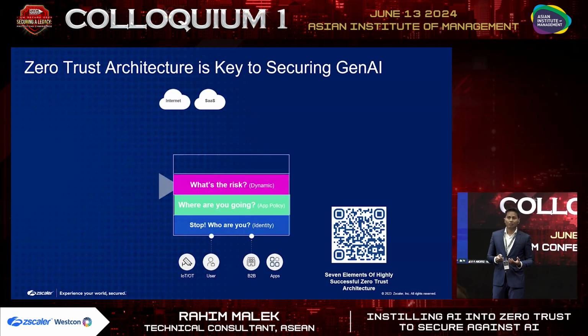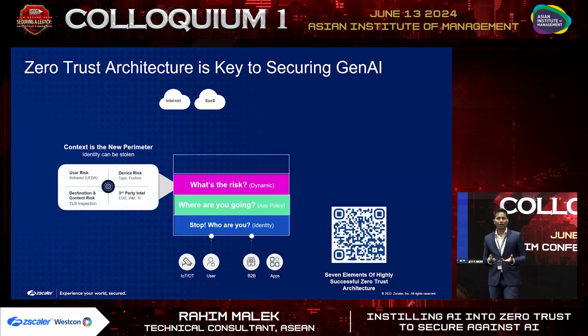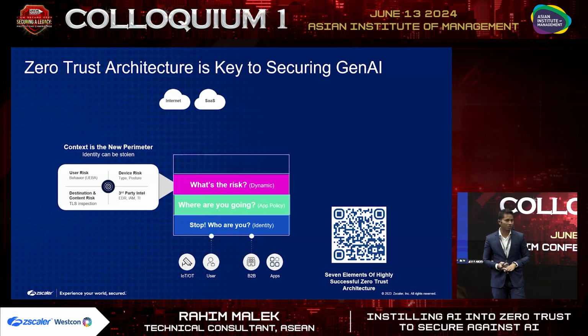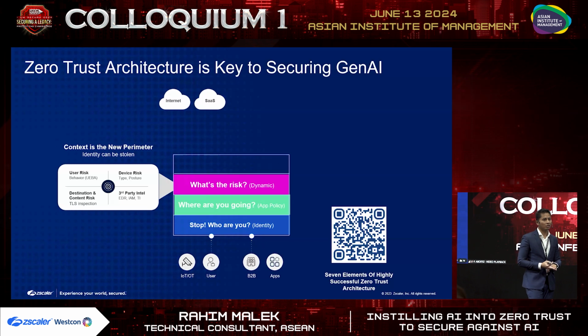Then we also look at the risk dynamically. When we talk about risk, we should look at it from the user perspective, from the device risk perspective, and from the destination, whether that application is sanctioned or unsanctioned. We also need to work together with the current ecosystem of an organization.